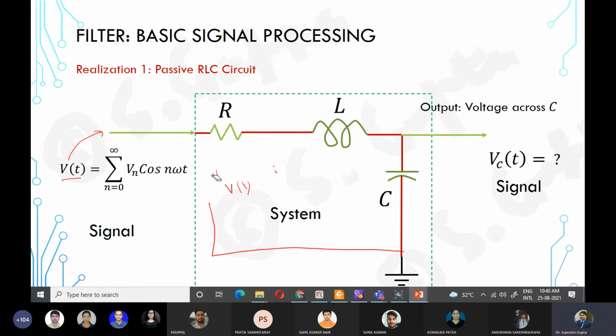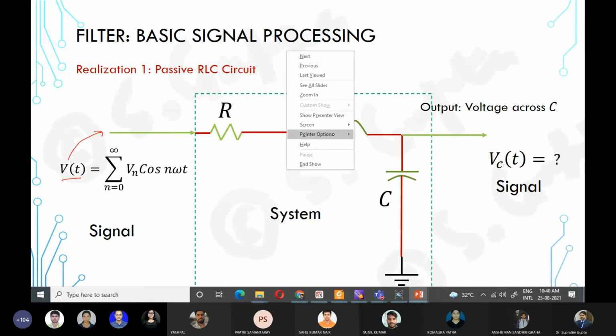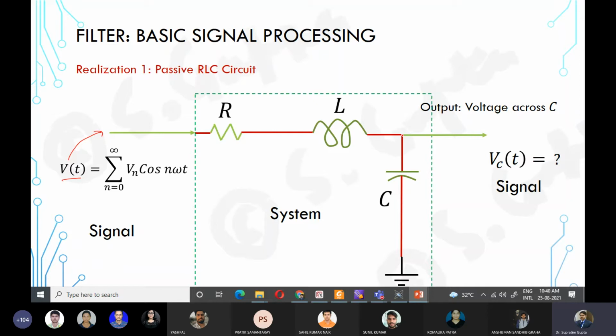I have not drawn this part, but this is the actual system. Now I want an output. I can take my output at the junction of L and C, or at the junction of R and L.